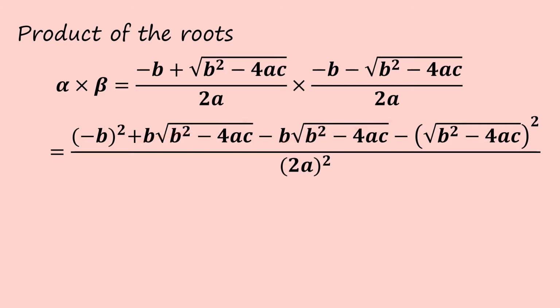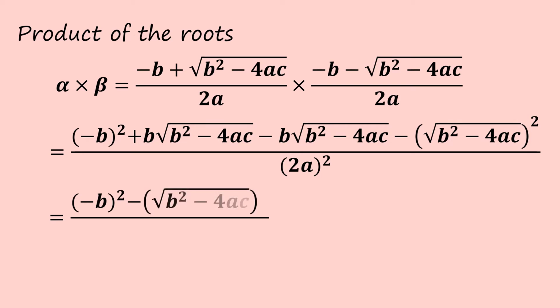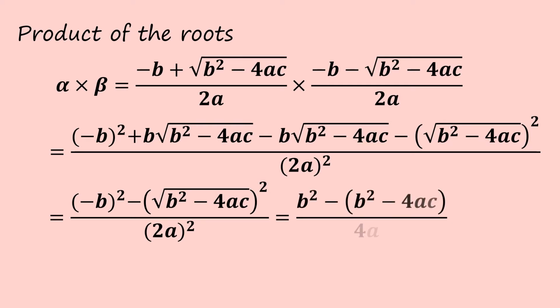Then the positive and negative cancel out to have minus b squared minus square root b squared minus 4ac all squared over 2a squared, which will be b squared minus b squared minus 4ac over 4a squared. Then it becomes 4ac over 4a squared equals c over a.